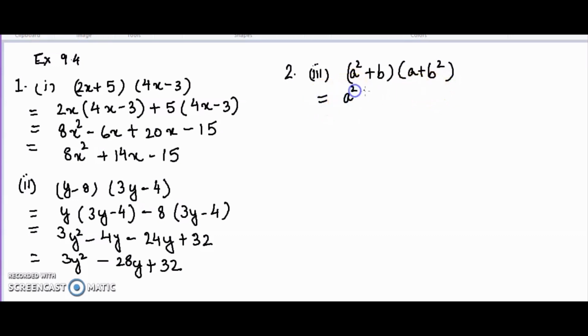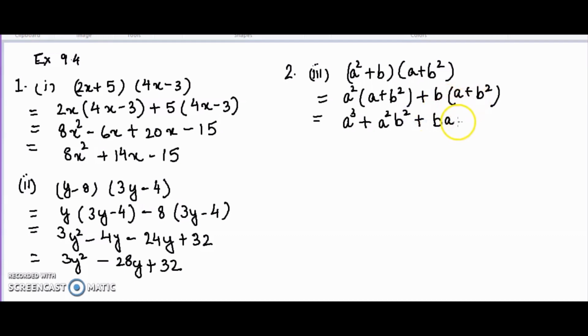So a square will be multiplied with a plus b square plus b into a plus b square. So a square into a will be a cube plus a square b square plus ba plus b cube.